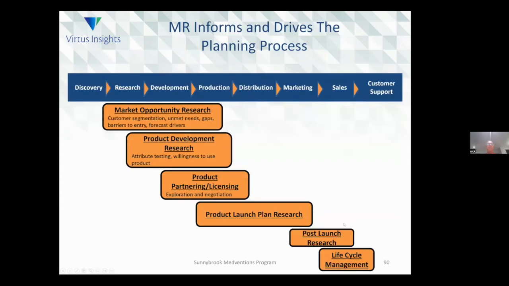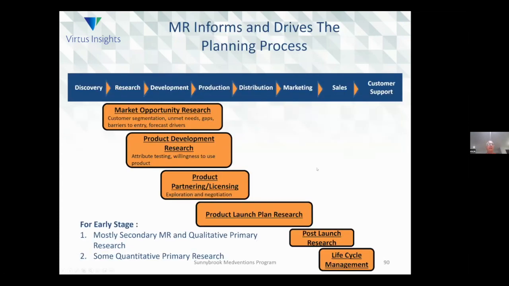And market research is used to inform so many different aspects of your product development process. Early on, we perform market research to understand our customer segments, their unmet needs, gaps, any barriers to enter this marketplace, forecast drivers.